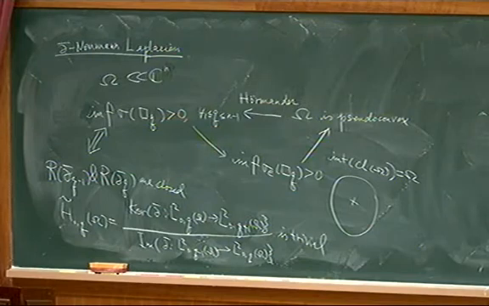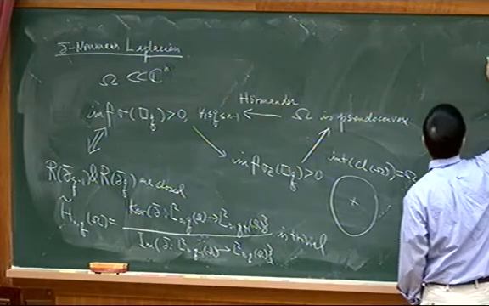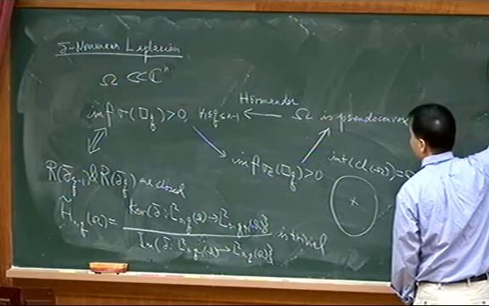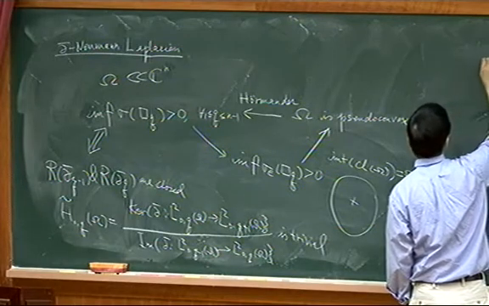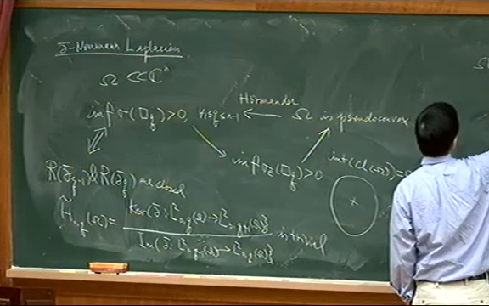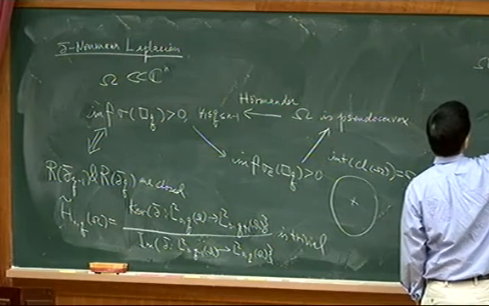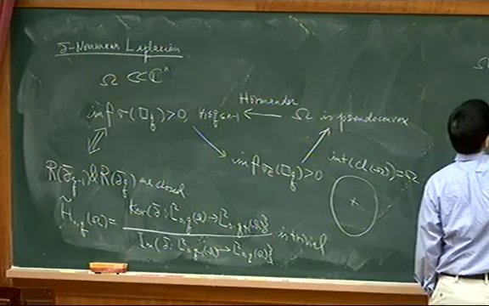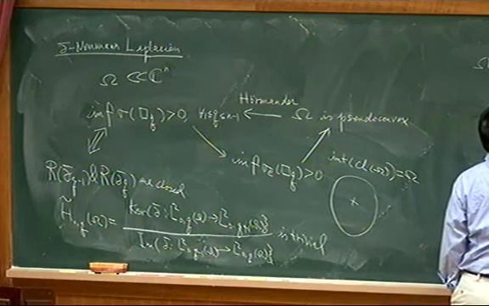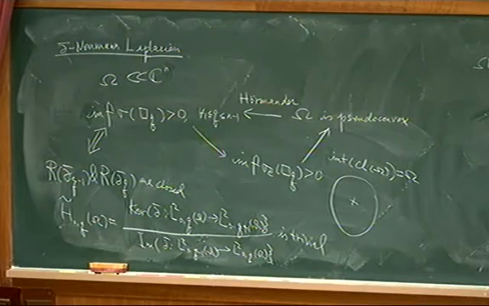In particular, specifically, you have this classical theorem of Oka-Cartan that says that if omega is pseudo-convex, then the Dolbeault cohomology is vanished. It's trivial.